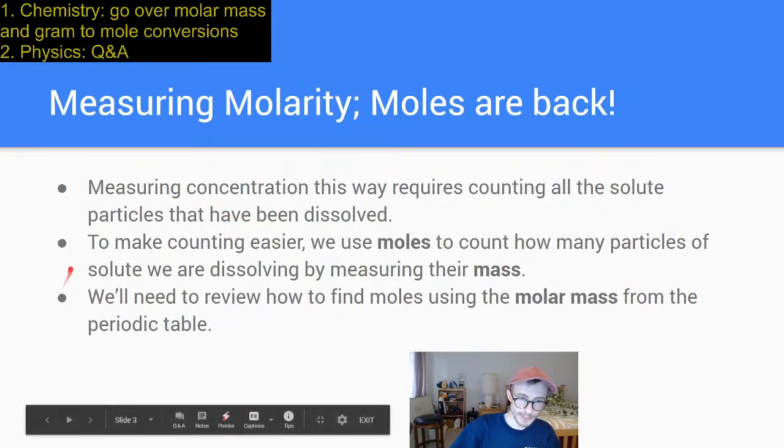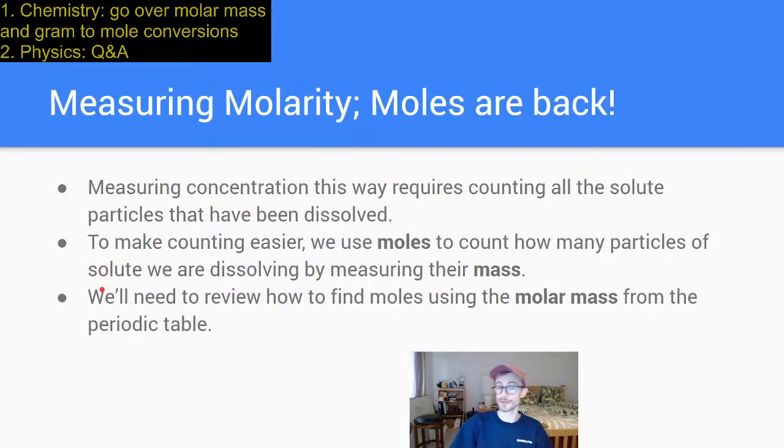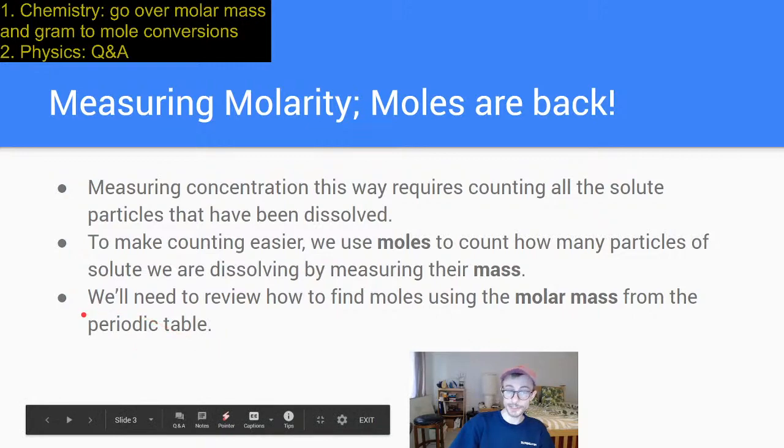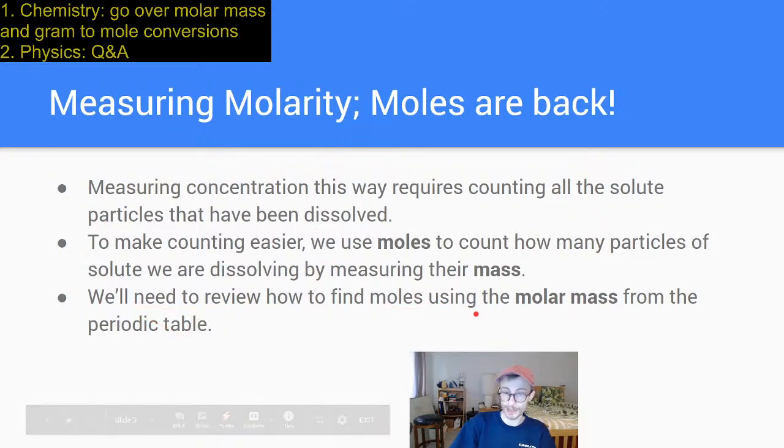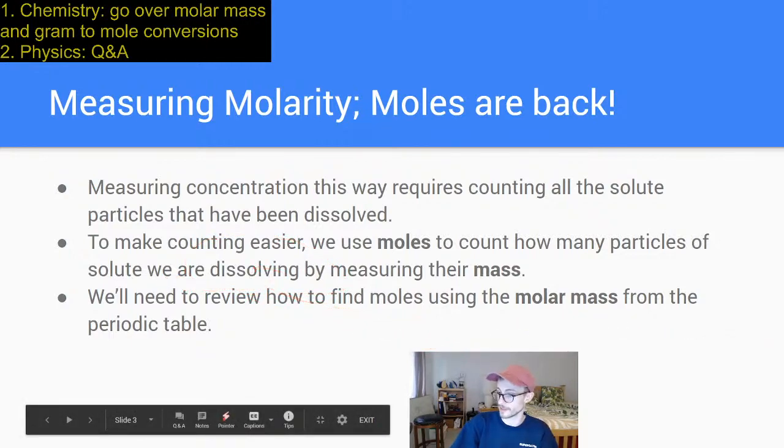So to make that counting easier, we're going to use moles to count how many particles of solute we're dissolving. And the way we do that is by measuring the mass of the solute that we add. Say, I'm going to add a few grams of sugar to my tea. And then I'm going to use the molar mass of that chemical, and I find that molar mass from the periodic table. So we're going to need to review how to find moles using the molar mass and some given measurement.